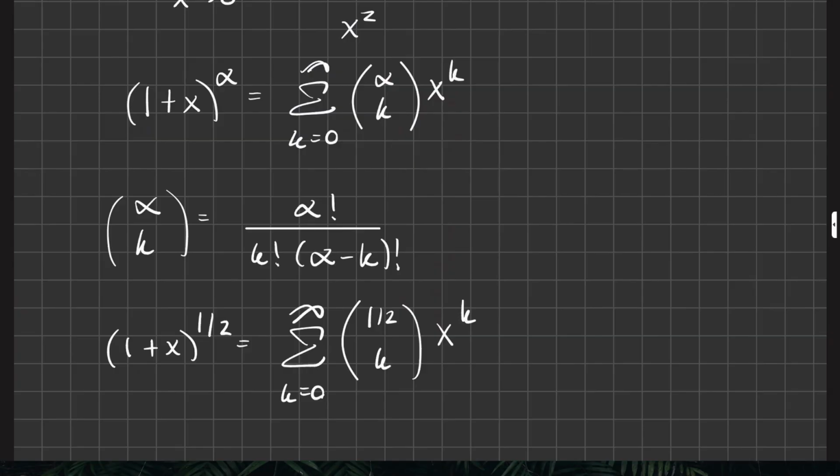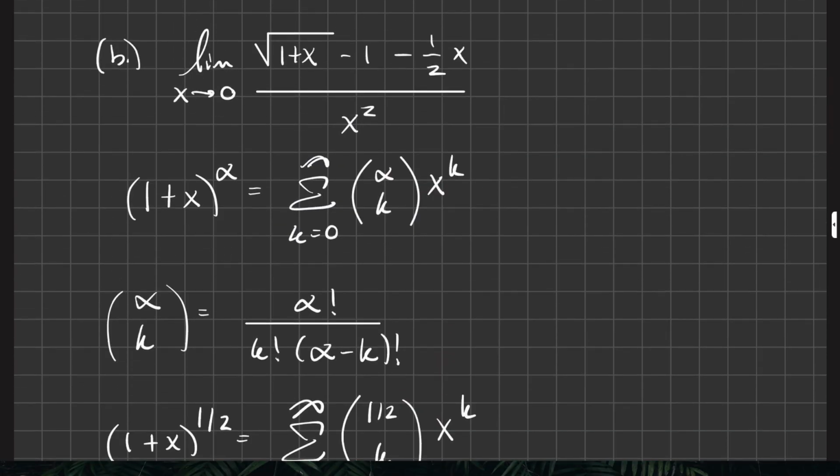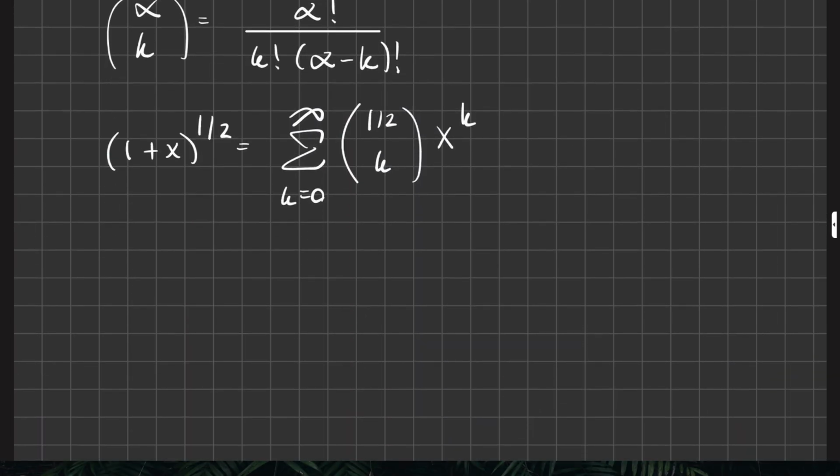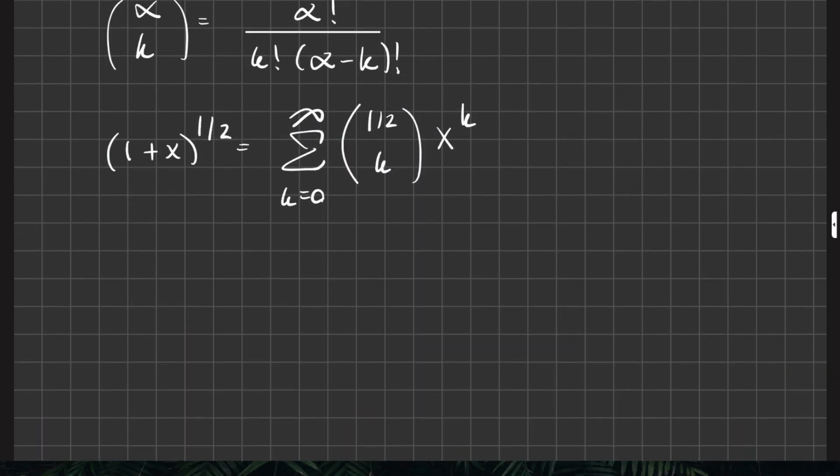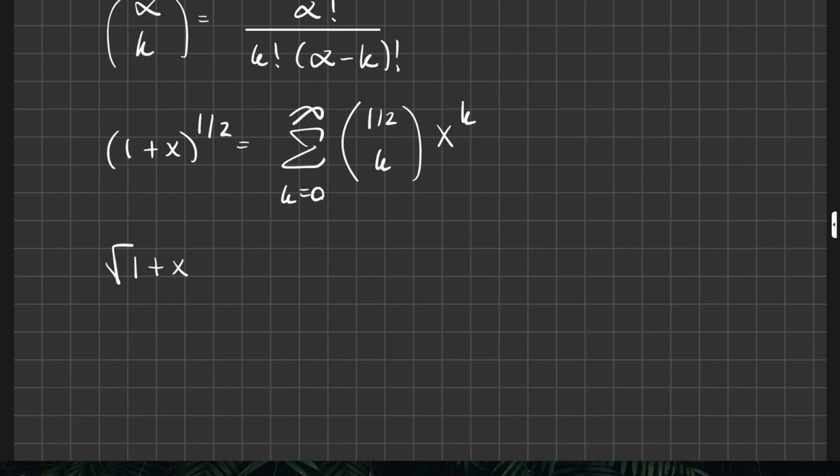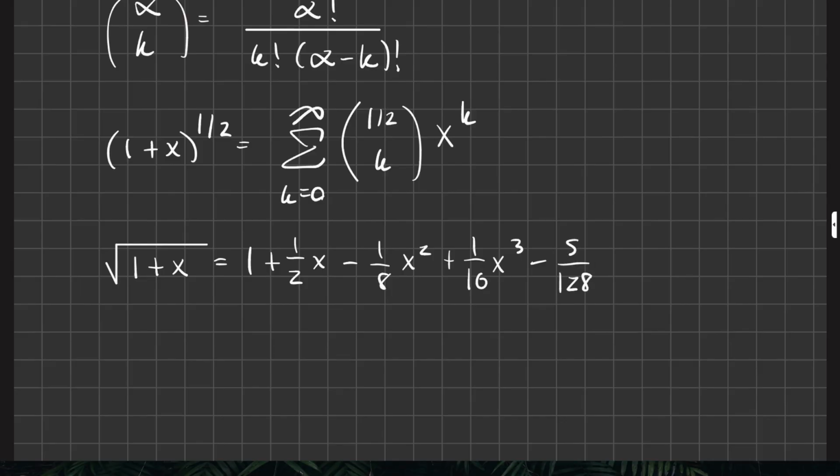But let's go through how we can approximate this limit. So assuming you knew what this binomial series was, and you can find it, this has an expansion. So square root of 1 plus x has an expansion by the binomial Maclaurin series as 1 plus 1/2 x minus 1/8 x squared plus 1/16 x cubed minus 5 over 128 x to the 4th.